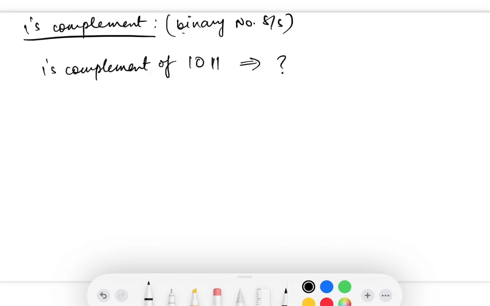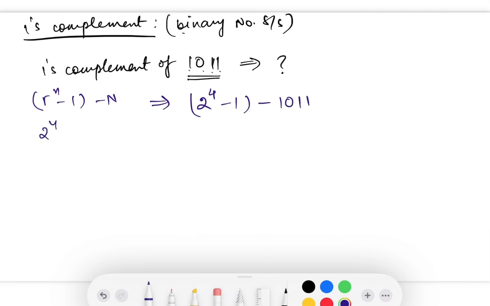Okay, we need to calculate the 1's complement of this number 1011. Formula was r raised to the power n minus 1 minus N. So here r is 2, raised to the power small n is 4, 1, 2, 3, 4 digits are there, minus 1 minus capital N. R raised to the power 4, what is this r raised to the power 4 in the binary number system?